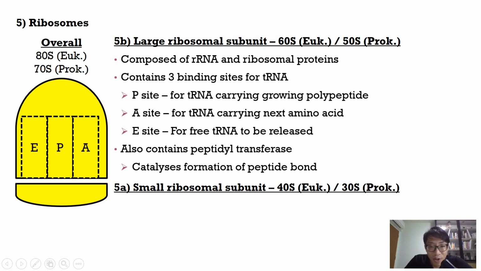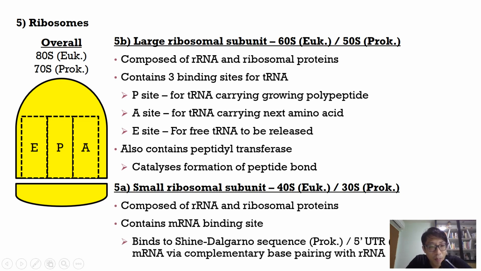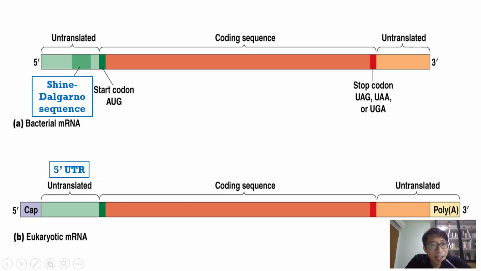All right, the small subunit has an mRNA binding site, which will bind to the mRNA. In a prokaryotic mRNA, there's a sequence called the Shine-Dalgarno sequence that is before the start codon.